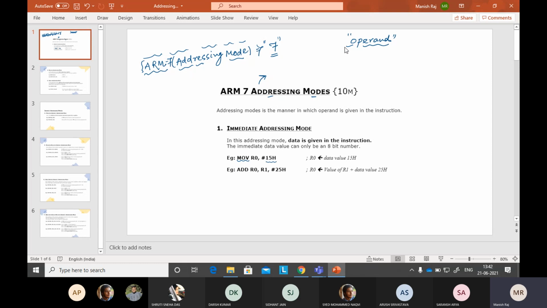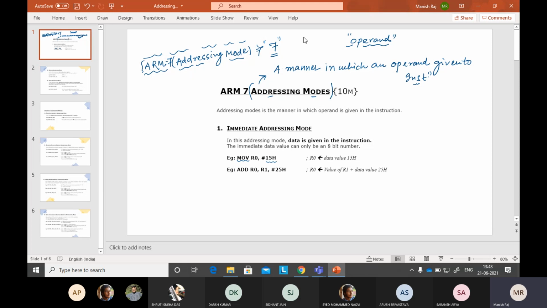So the manner in which an operand is given to the instruction, that is the addressing mode.